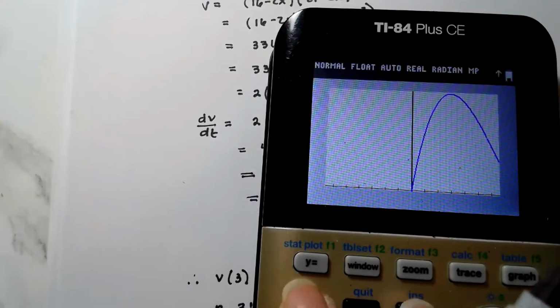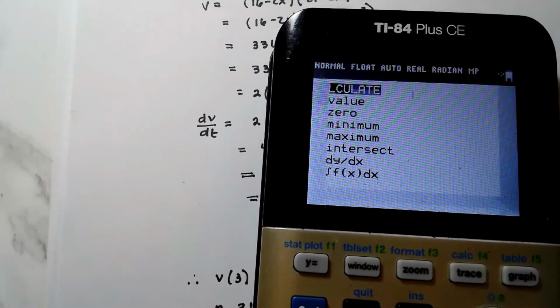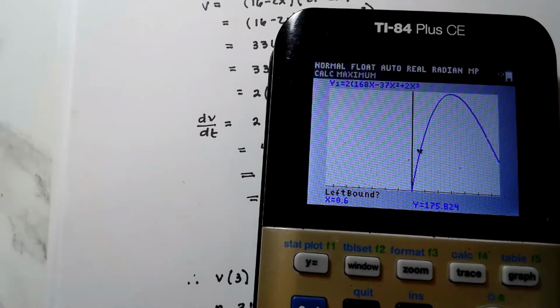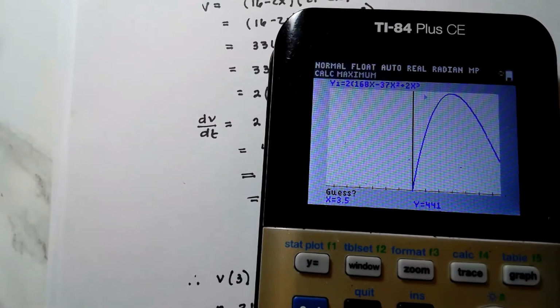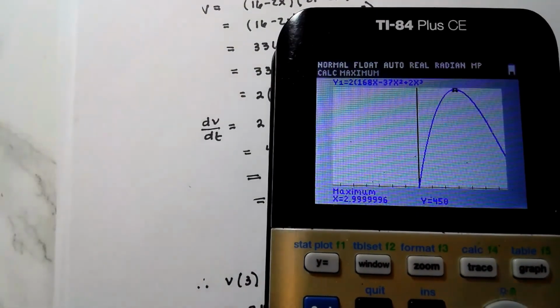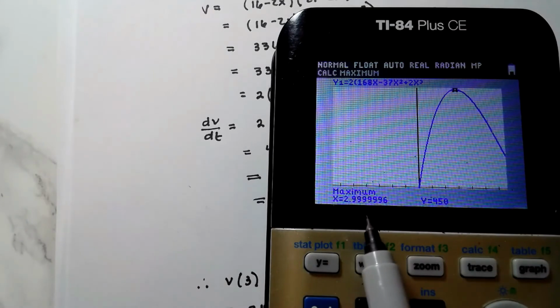And all I have to do is second calc maximum. A little to the left of the bump, a little to the right of the bump. And voila, what I get down here is x is 2.9999. That's a 3. So anyway, it's just like finding the maximum on a graph, so you can do it with your calculator too.